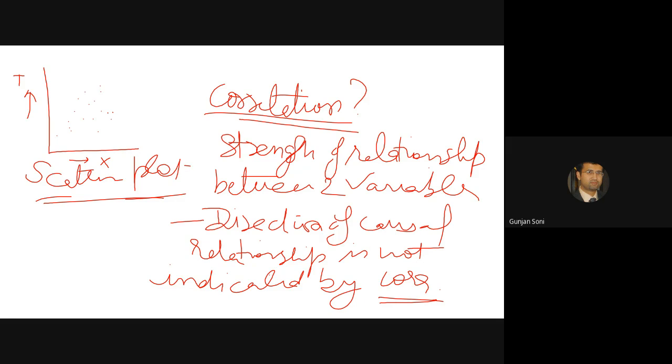And correlation is only concerned with finding the strength of the relationship, and there is no causal effect implied in the correlation. Okay, this is one thing that we should keep in mind. I'll share some figures with you.